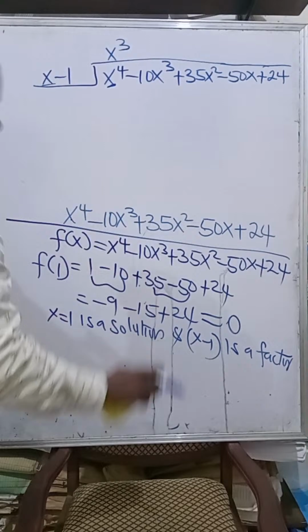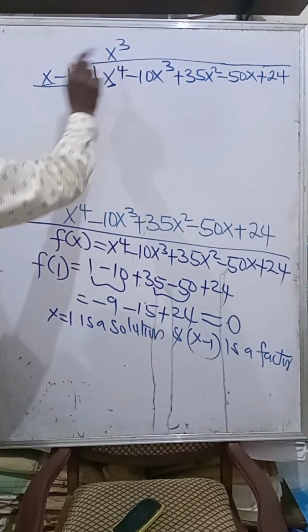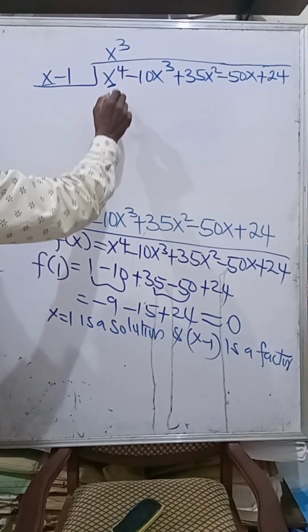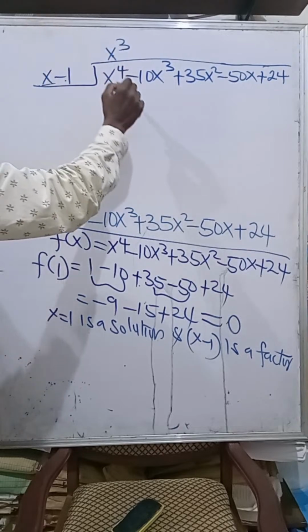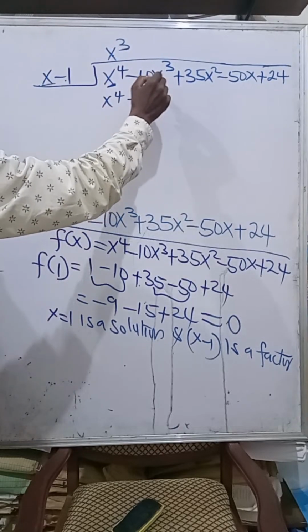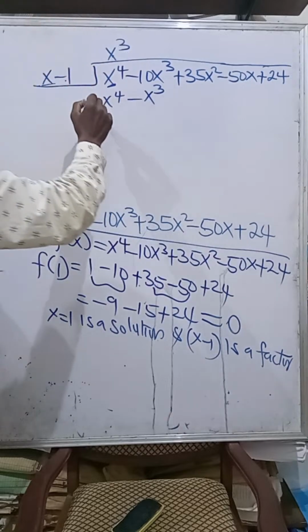Then use it to multiply. x cubed times x, that's x to the power 4. x cubed times minus 1, that's minus x cubed. Do your subtraction.